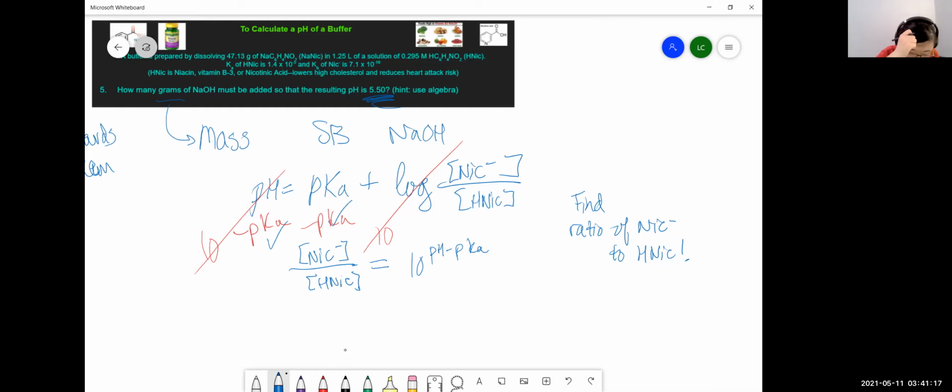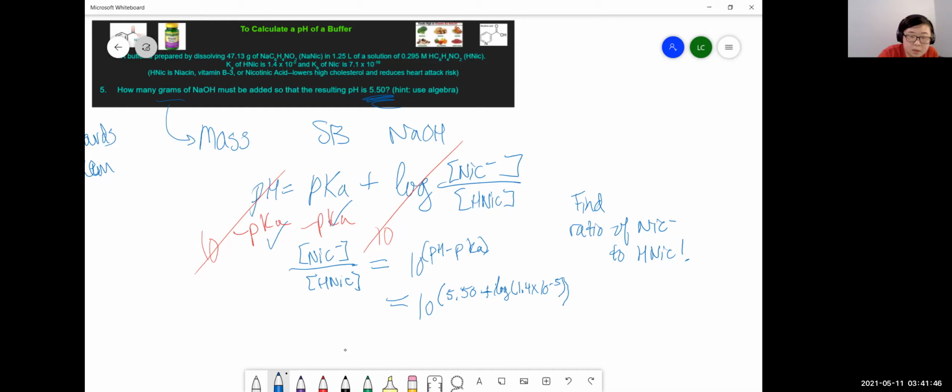And so what we do is we'll find that that equals 5.50, that's the resulting pH we have, minus the pKa, which is actually the negative log, so we'll just add plus log of 1.4 times 10 to the negative fifth, which is the Ka value.